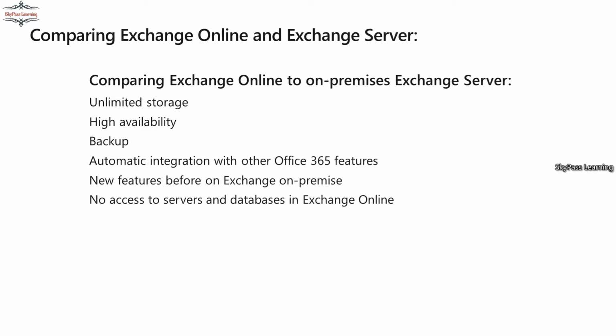If you're on-premises, you have to create your DAG and maintain high availability for the CAS servers. So there are a lot of things you have to take care of on-premises that are not required in the cloud, because you do not have to manage the server side. High availability and everything is managed by Microsoft itself.